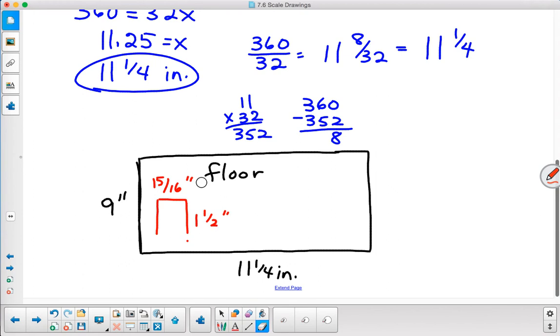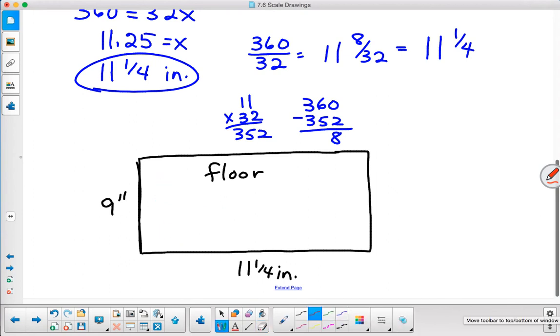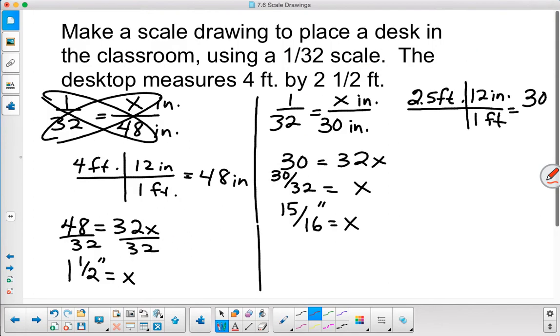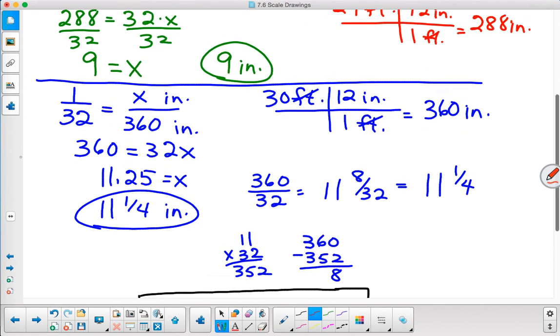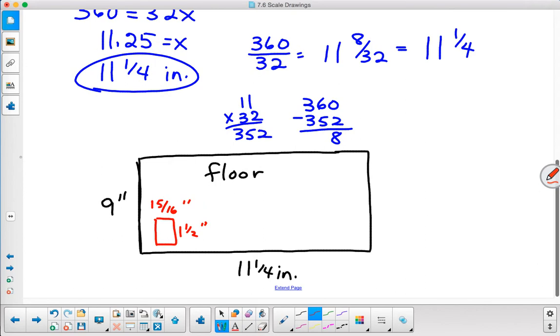Let's go a lot smaller. I'm just randomly drawing it up here. If that's 9 inches, then it's probably going to be more like this. A lot smaller than what I originally drew. Let me see if I use the right measurements. At 1.5 and 15/16. So you made a classroom floor and you put a desk or a table in there.